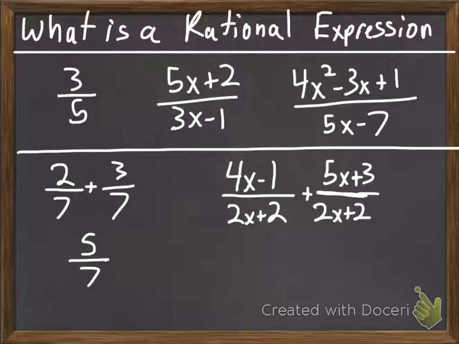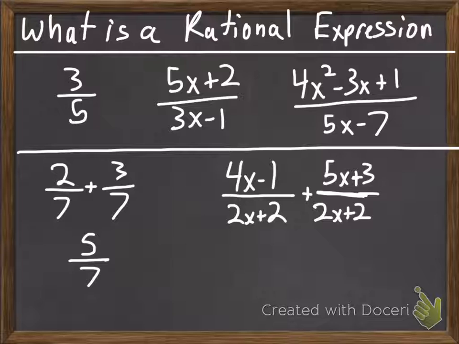Well, that is the same idea that we're going to use over here with 4x minus 1 over 2x plus 2 plus 5x plus 3 over 2x plus 2. We're going to do that same idea, and we look, do we have a common denominator? If we don't have a common denominator, we have to get one. But don't worry, we're not going to touch on that until a little bit later. So right now we have that common denominator.